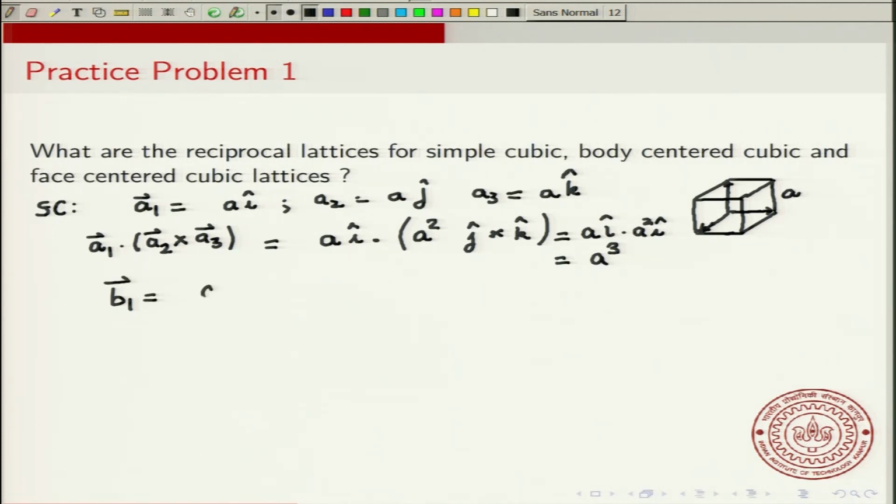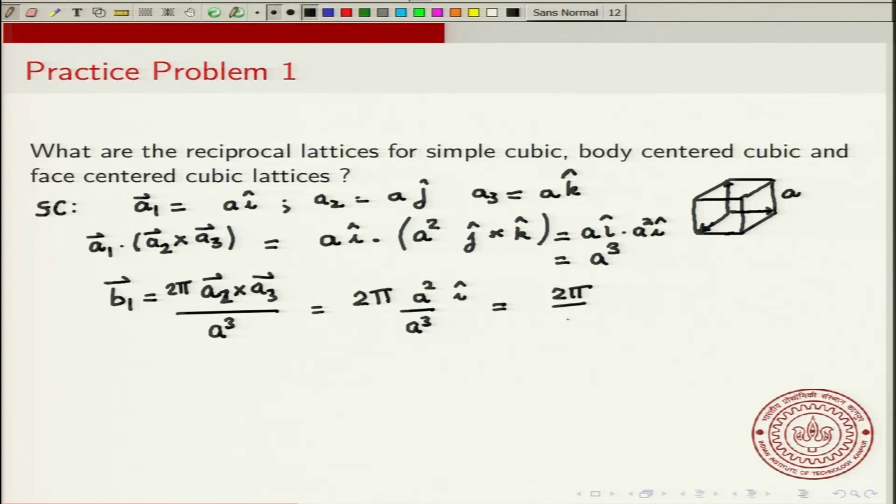Then what you can show is that B1 is equal to 2 pi times A2 cross A3 divided by A cube. So, this is equal to 2 pi A square i by A cube, which is equal to 2 pi by A i. Which is what we showed earlier, when we talked about reciprocal lattice.